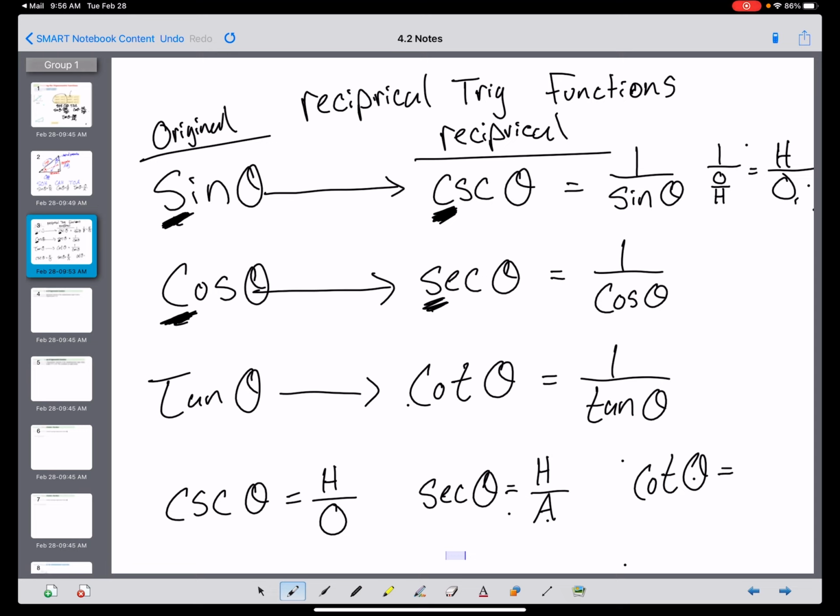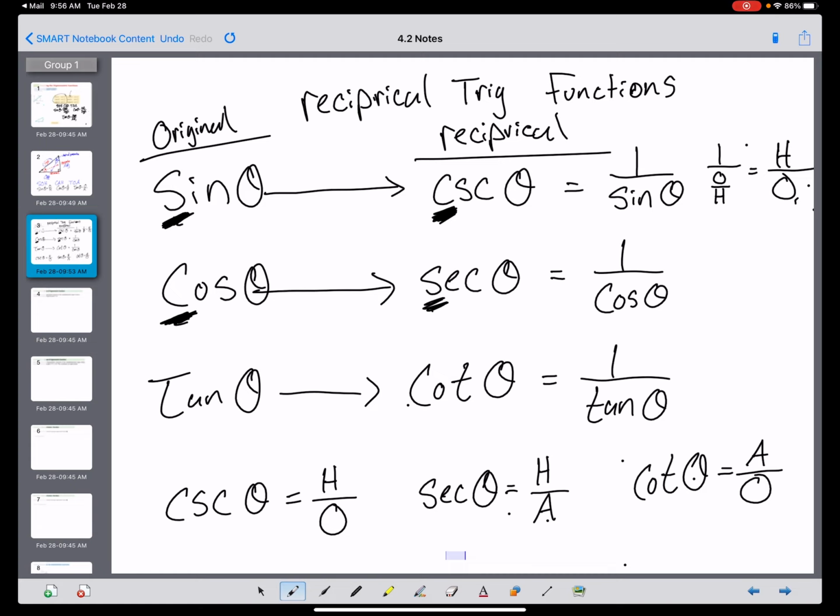And tangent, tripping on acid, the tangent of some angle is equal to the opposite over the adjacent. The cotangent is the reciprocal of that, the adjacent over the opposite. All right, so hopefully that kind of gives you some background on that.